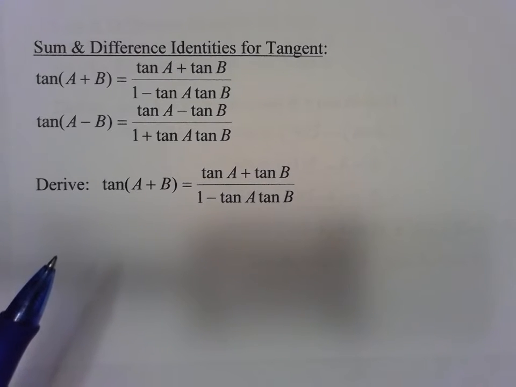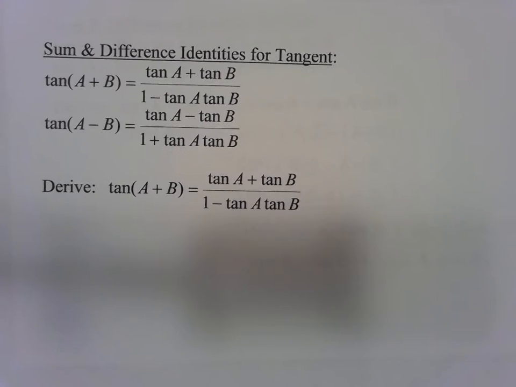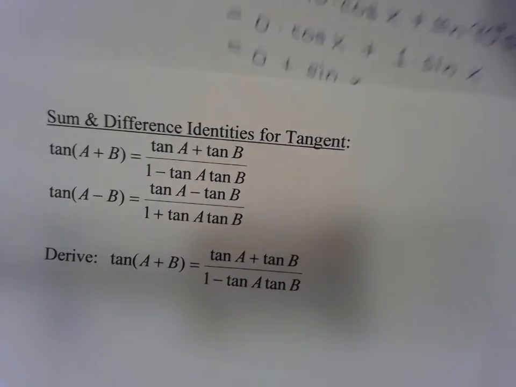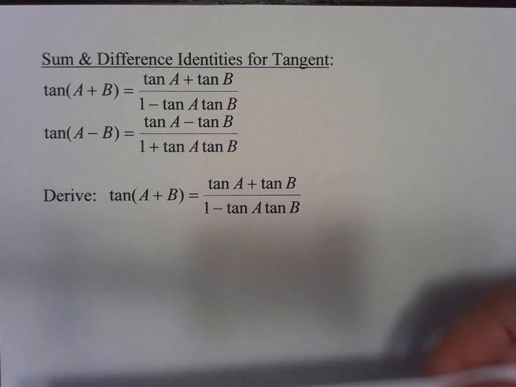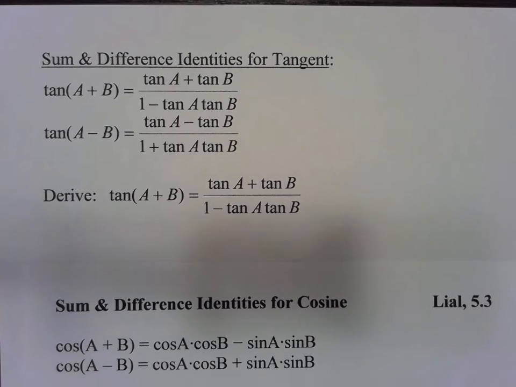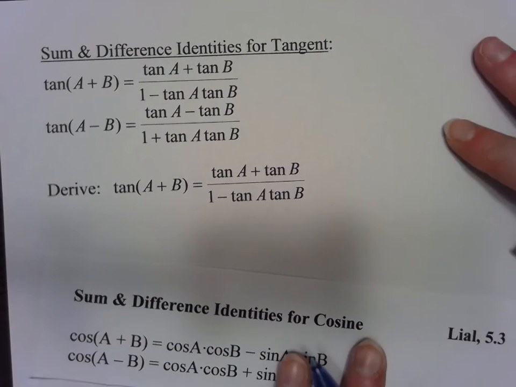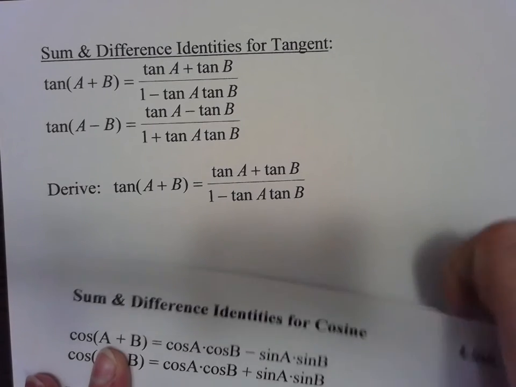As you can probably guess, we know that the tangent is the sine over the cosine. So we'd really like to use those two together. Let me see if I can get them both on the screen at the same time. Here's the cosine. I'm going to get this figured out.